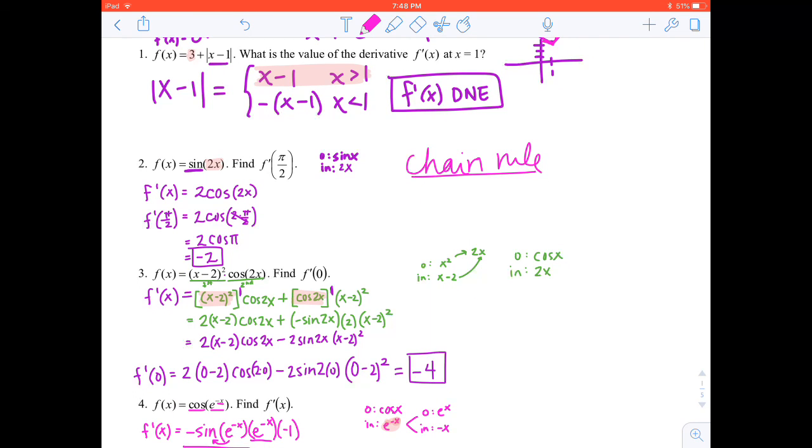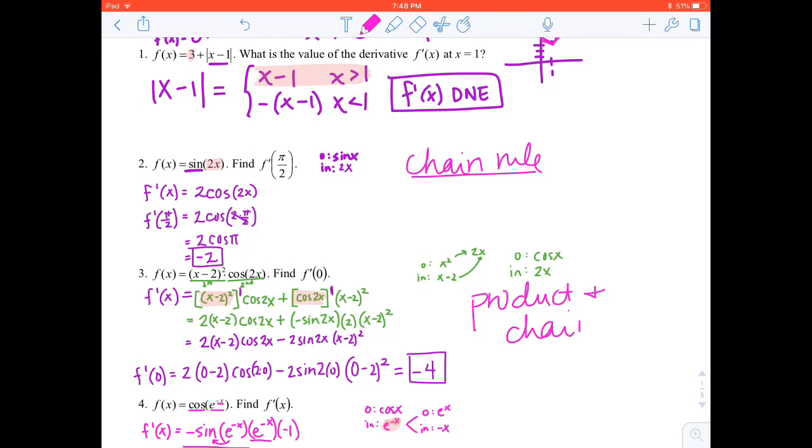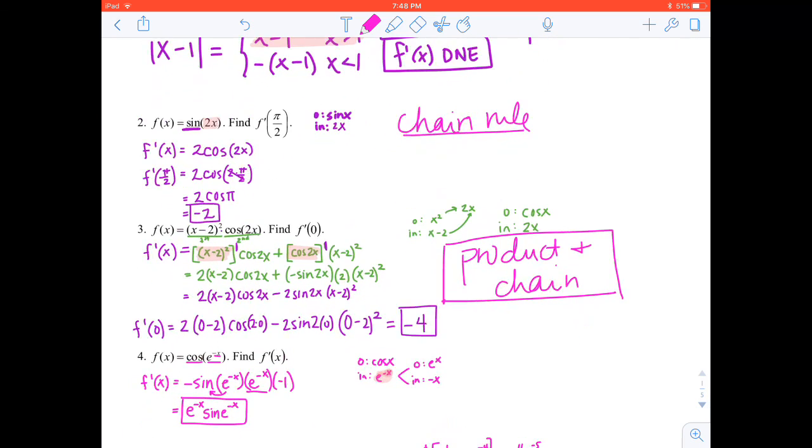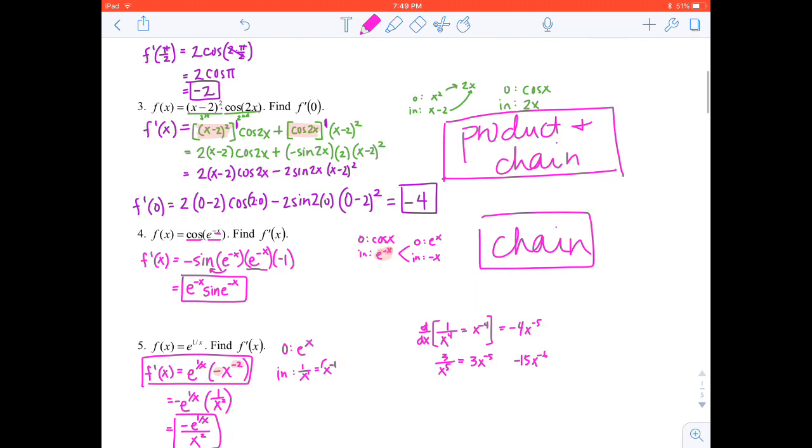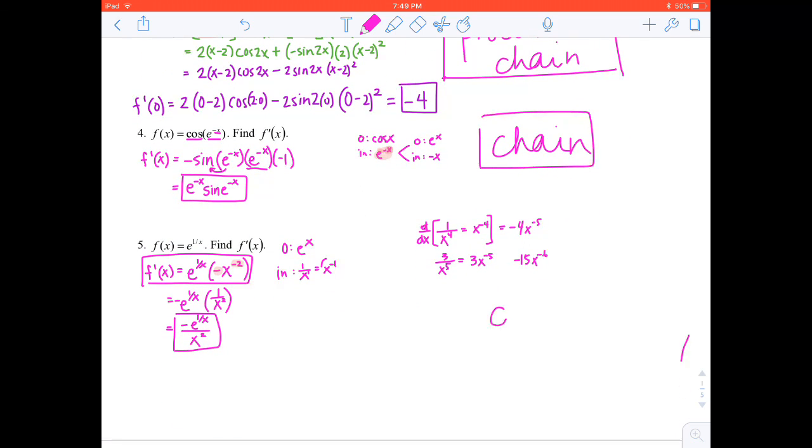Number 3, we had to use a product and a chain rule, twice actually. So this was 2 different rules there. Number 4 was a chain rule. Actually, it was a double chain rule. And number 5 has been a chain rule.